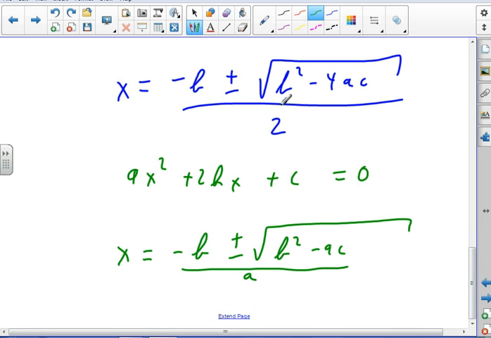Now, if you think about it, if I put 2b in here, then I got minus 2b. If I put 2b here, then I have 4b squared there. I can bring the 4 out.